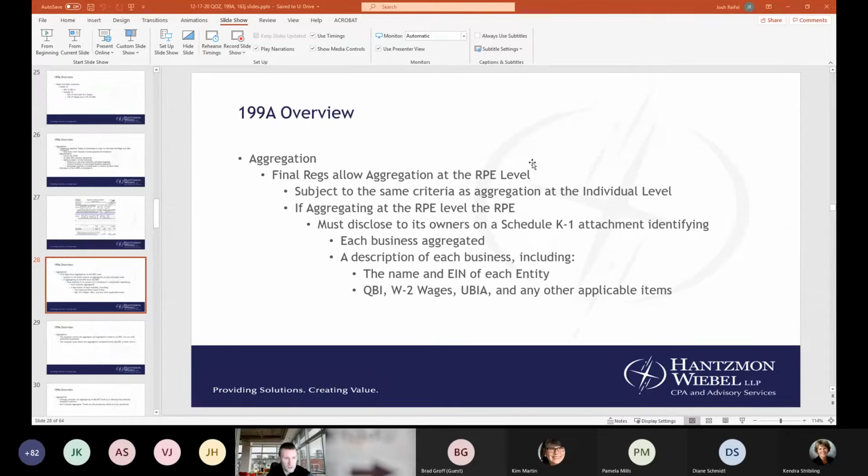Now, a couple of notes: if businesses are aggregated at the entity level, the entity must disclose to its owners on a K-1 statement or schedule identifying each business that's aggregated and a description of each business, including the name and EIN of each entity, the QBI, the wages, UBIA, and other applicable items. So when the taxpayers get their K-1s, there should be a statement attached that shows all of the different businesses that the entity aggregated.